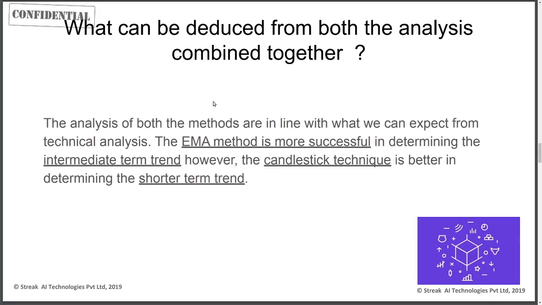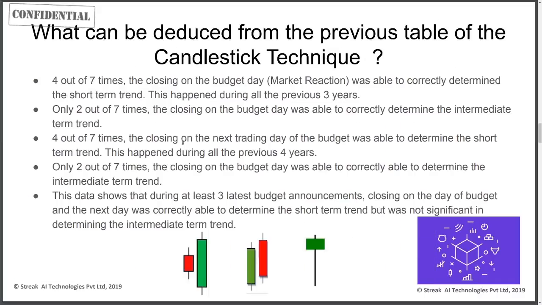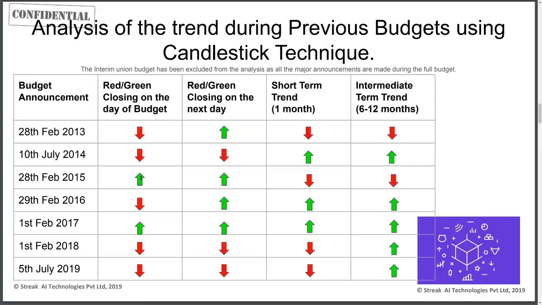Now what can be concluded from this? It is very important to understand the whole table that we did to understand the following. The EMA method is more successful in determining intermediate trend, which is a 6 months to 12 months trend, compared to the candlestick technique, which is able to only determine short-term trend, which is a 1 month trend, which is what is expected.